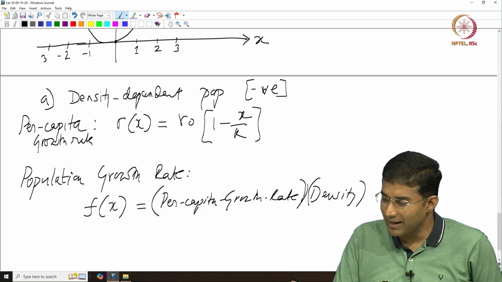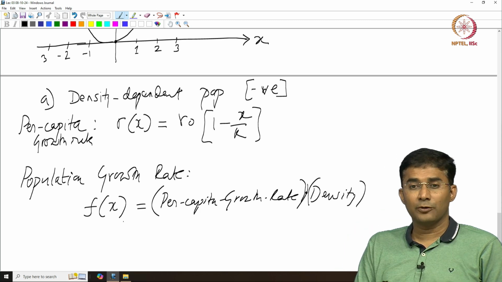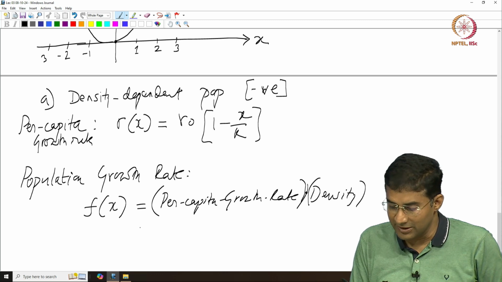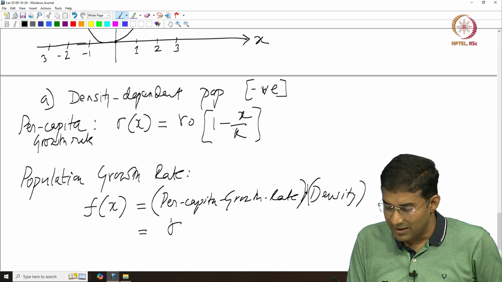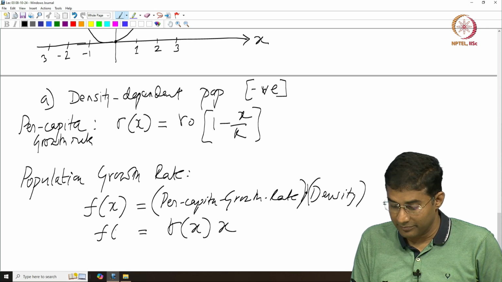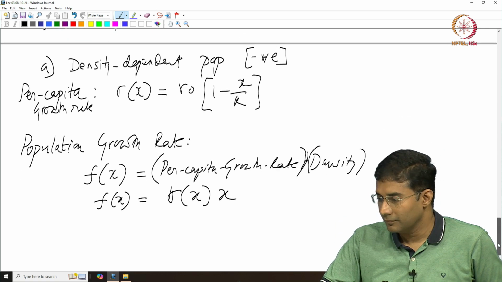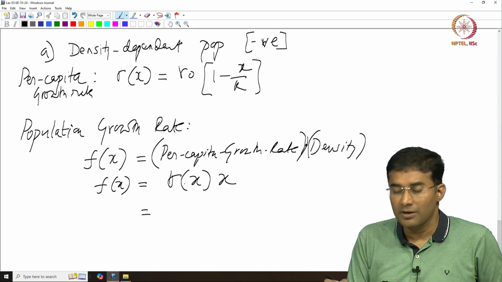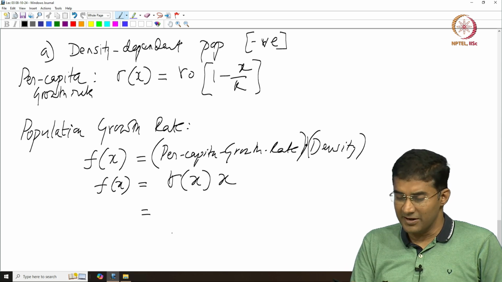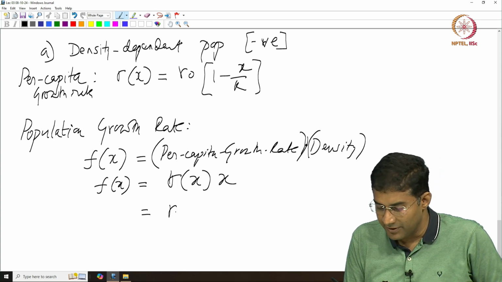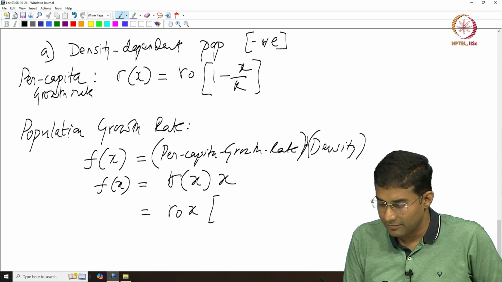So, we need to multiply density with the per capita growth rate, then we get the entire population growth rate. So, which basically means f of x is r of x times x. Now, if I substitute r of x is equal to this equation and then rearrange some terms, I will get this.